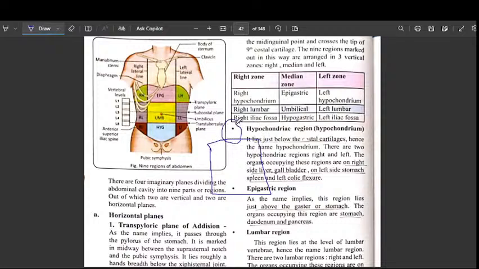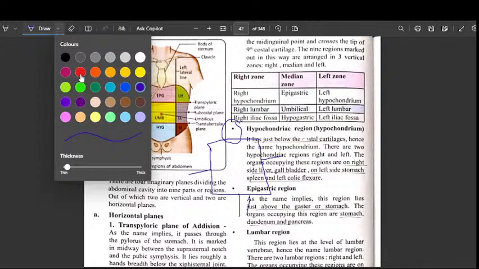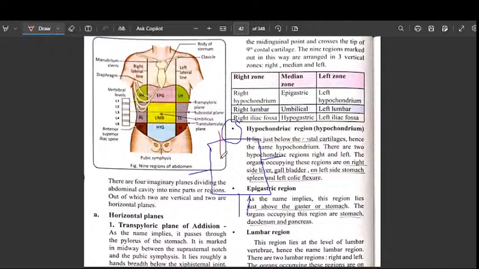This is the human body. Now we are dividing lines. That is 1, 2. This is the left side of the human, so that is the left lateral line. It is the right side of the patient, that is the right lateral line.